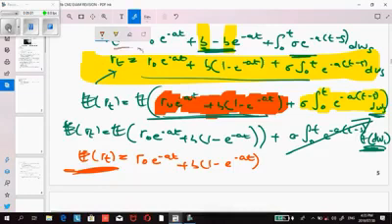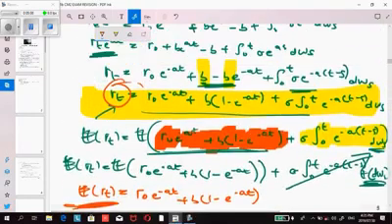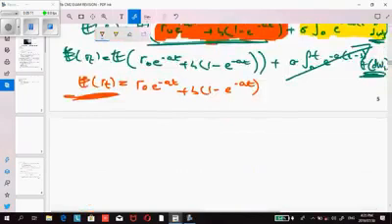Now, using your solution again, I'm going to look for the expression for the variance of R sub t. So I'm going to insert the variance on both sides of our equation.